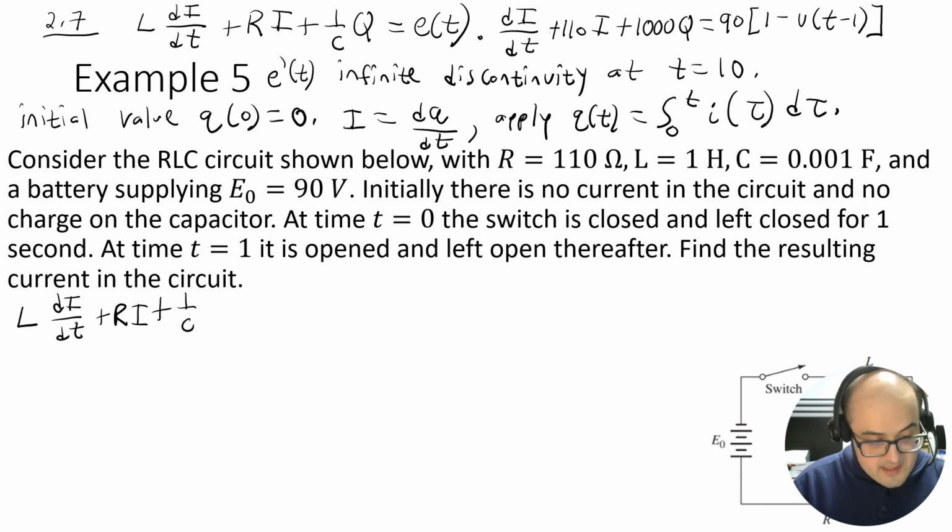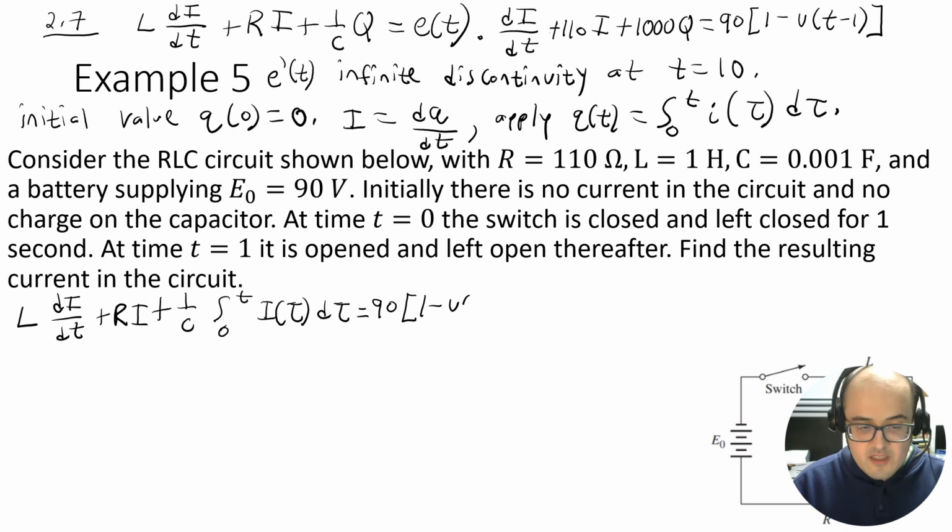Plus 1 over c times the integral from 0 to t of I of tau d tau. And that is equal to our function e of t, so equal to 90 times 1 minus u of t minus 1.